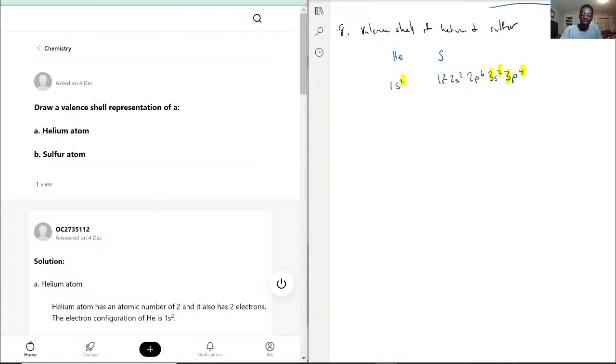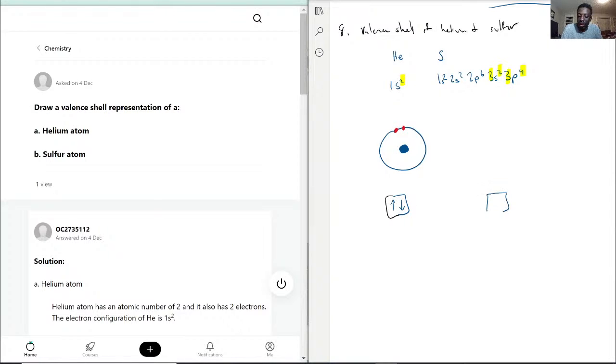So if we were to draw it out, we have the helium nucleus plus every other shell in there, and its outer shell will look something like this. If we were to draw the electron configuration for helium, 1s2 would just fill up like that.